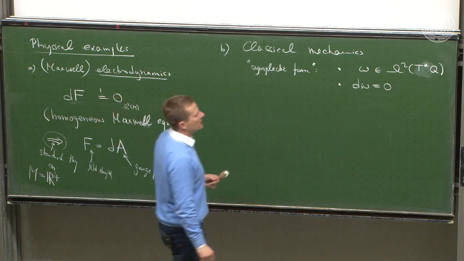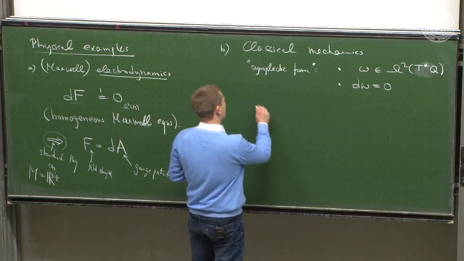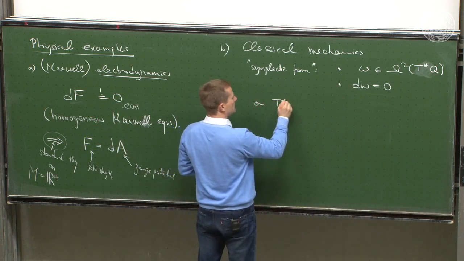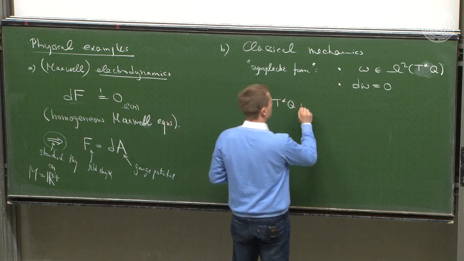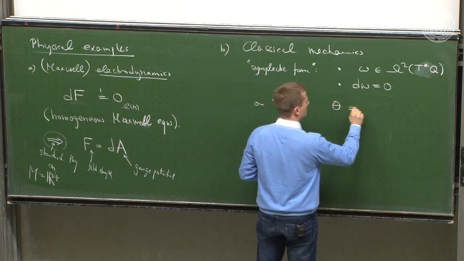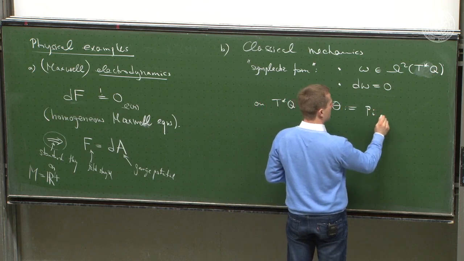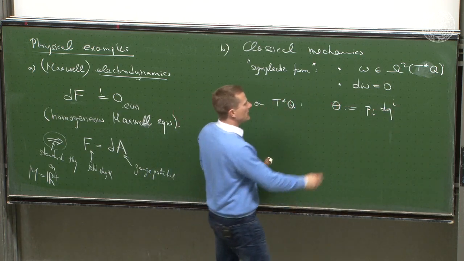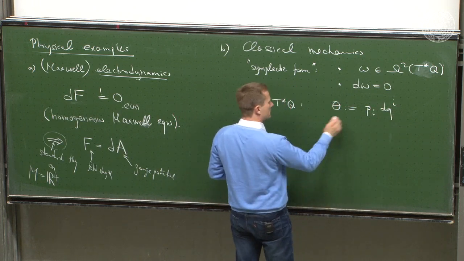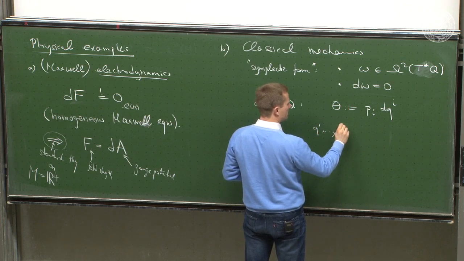Well, it turns out if you're here on the cotangent bundle, this is always true because on T star Q, you can always write down a theta, and this theta has the form p_i dq^i. What are p_i and dq^i? Well, they are the components of a point in the cotangent bundle.